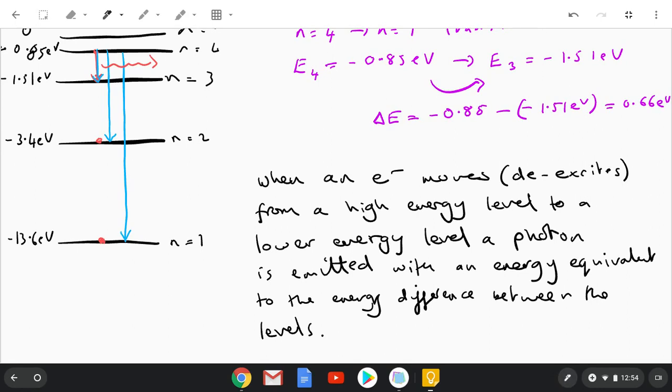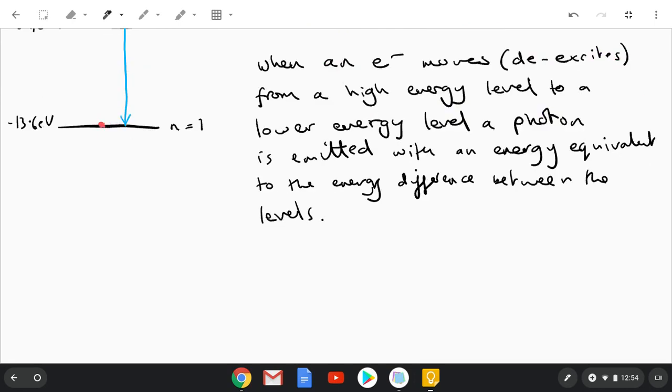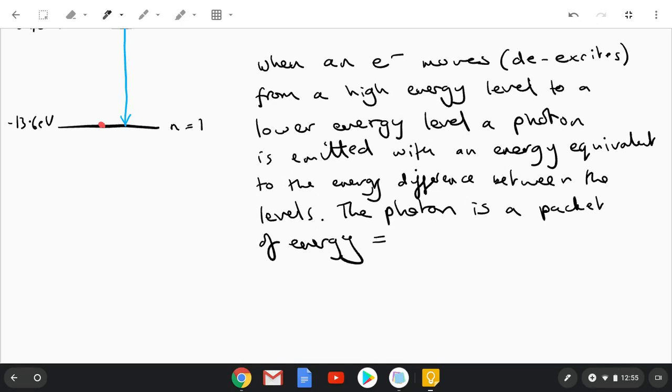Now, we know that the photon is a packet of energy equal to hf.